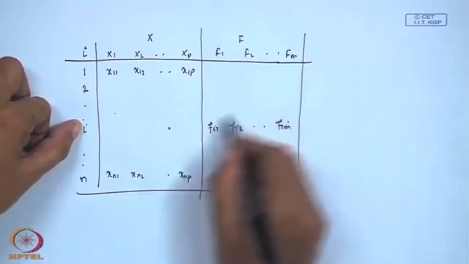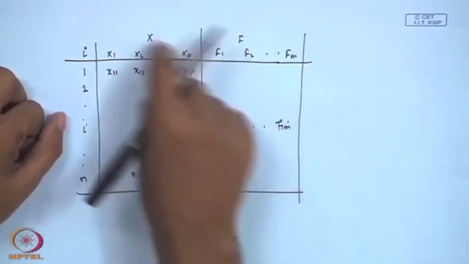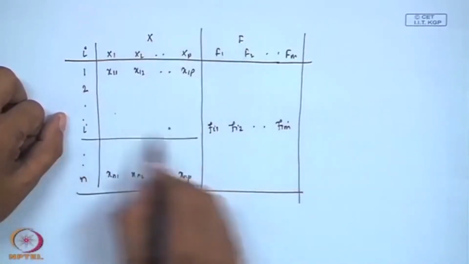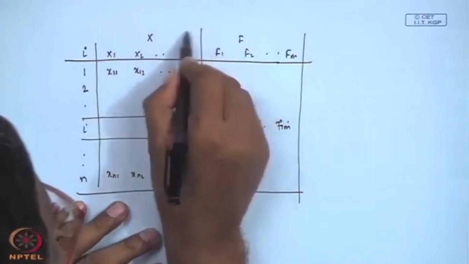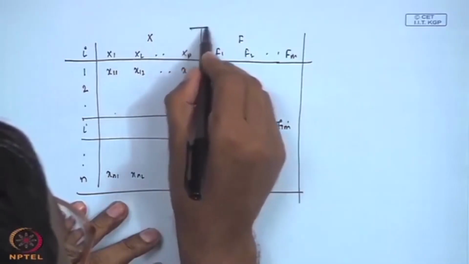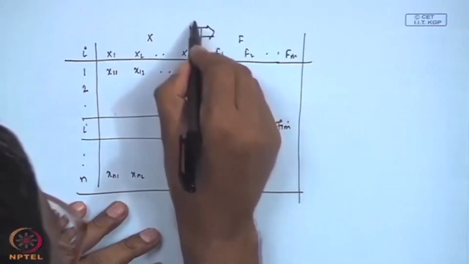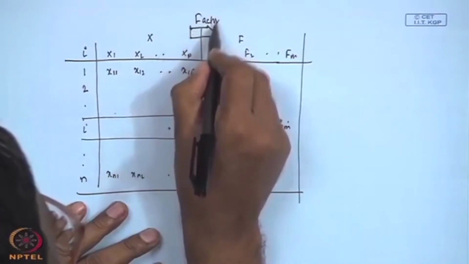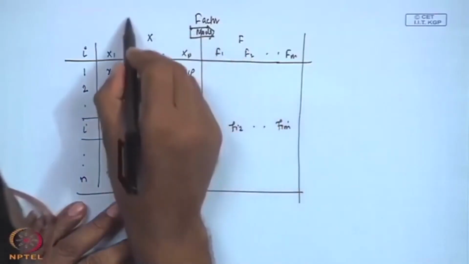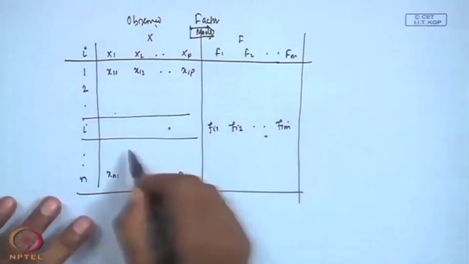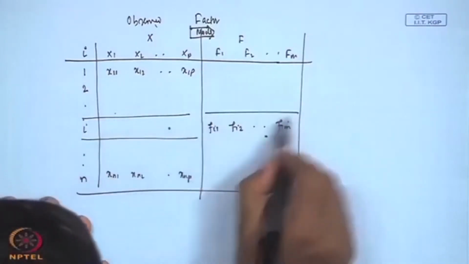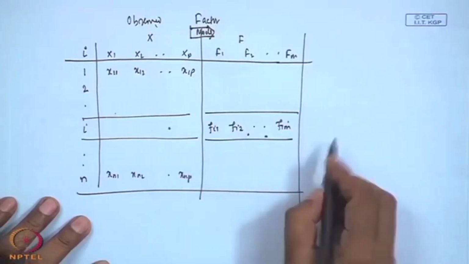But these observations are not direct, because you are observing x directly and you are using the factor model. This is created through the factor model. The x is observed, actually these factors are unobserved, but you are finding out these values using the model.